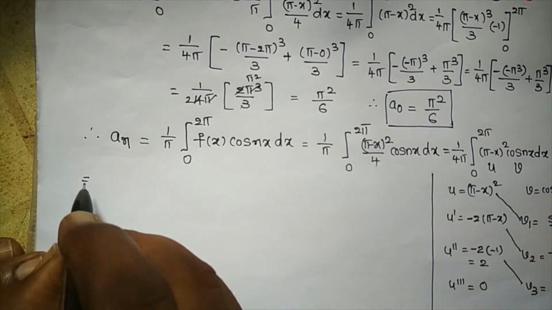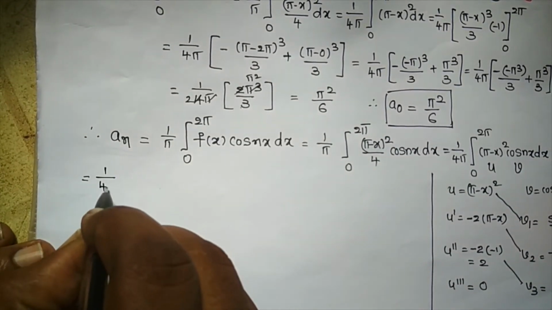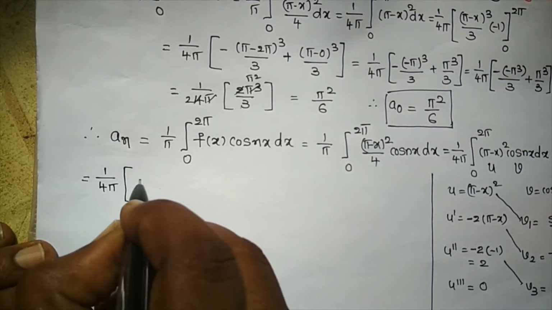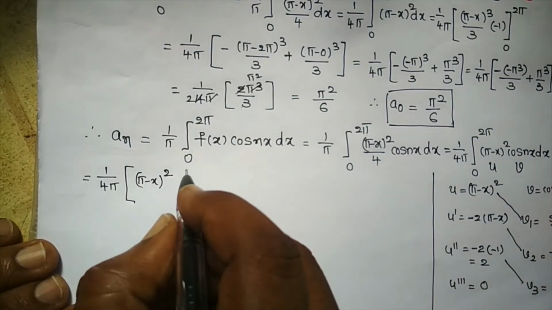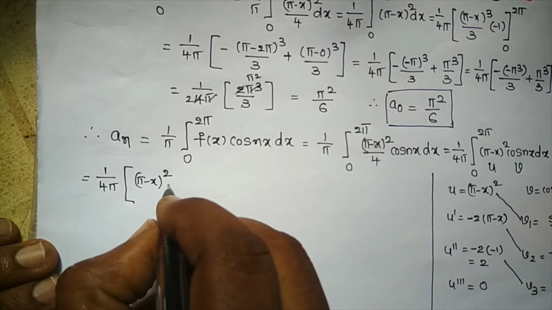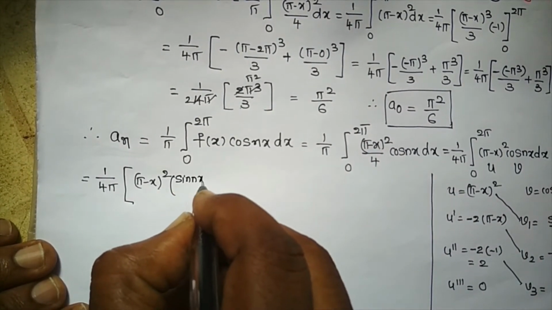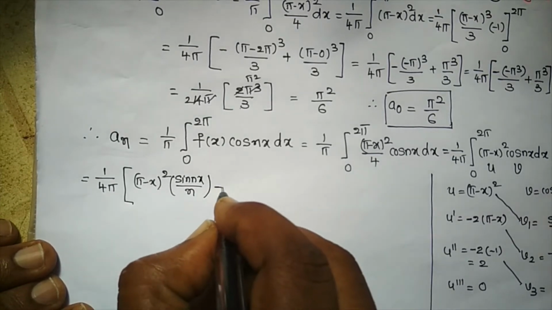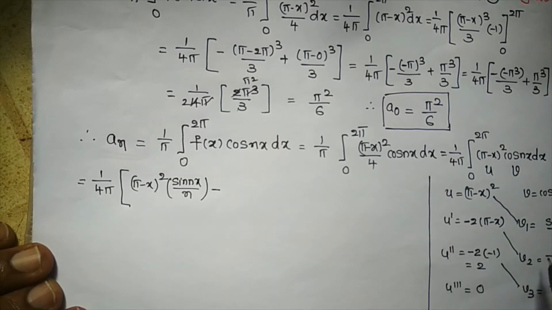Simplification, which is equal to u v1: 1 by 4 pi into pi minus x whole square into v1, which is sin nx by n, minus u dash v2.